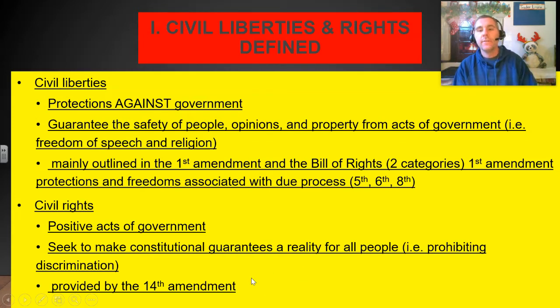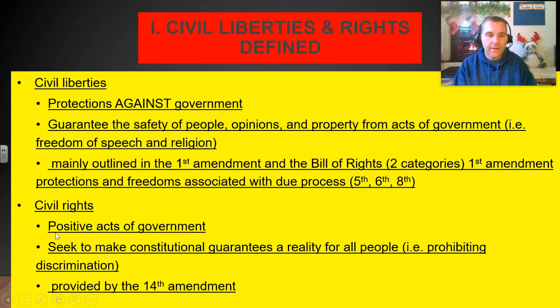Okay. And this is trying to make sure that there's no discrimination that takes place, that there are protections guaranteed to people to not be treated in any kind of prejudicial way. So it's to try to make sure that the constitutional guarantees are a reality for all people, right? So we're going to try to eliminate discrimination.